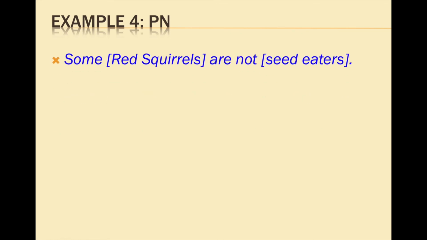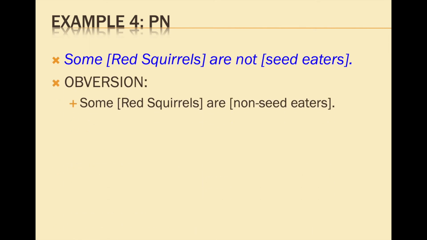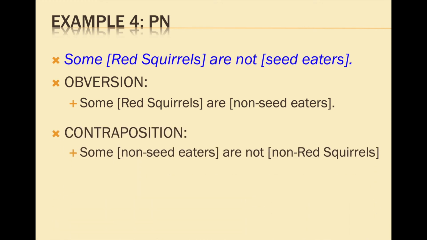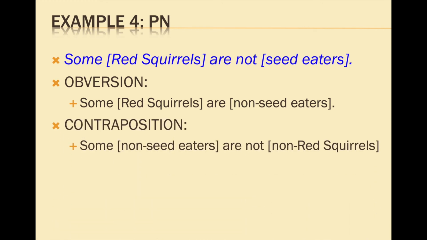Here's a particular negative. Some red squirrels are not seed eaters. The obversion, some red squirrels are non-seed eaters. The contraposition of the original, which is a particular negative, some non-seed eaters are not non-red squirrels.